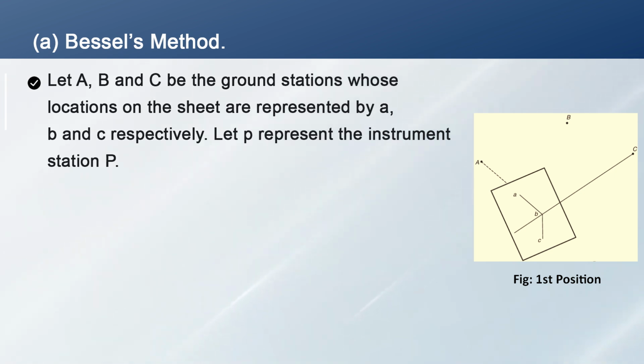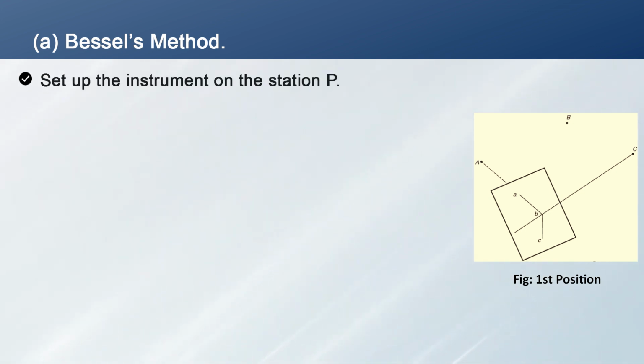Let A, B and C be the ground stations whose locations on the sheet are represented by small a, b and c respectively. Let small p represent the instrument station P. Let's go to the procedure.